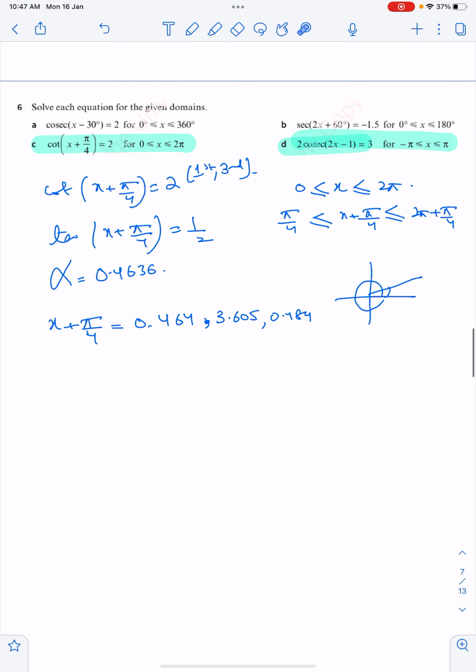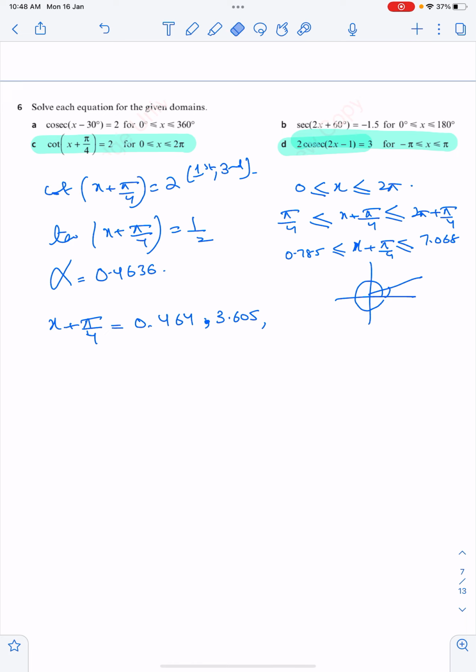My range goes up to 2 pi plus pi by 4, which is 7.068. So you have to look for all the angles between these two values, 0.785 and 7.068.